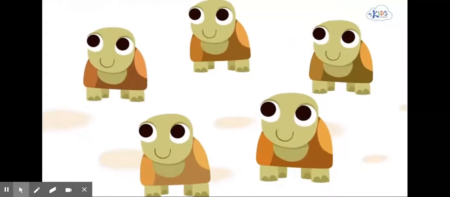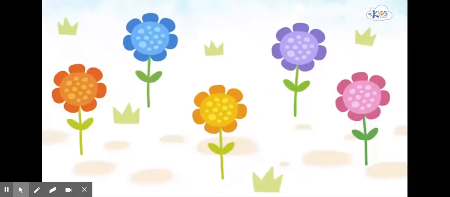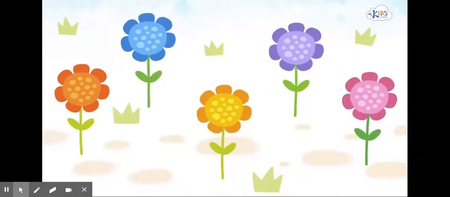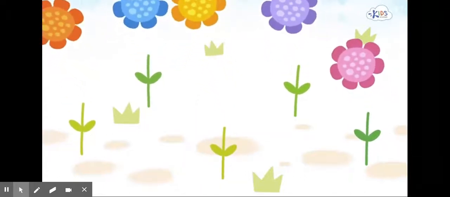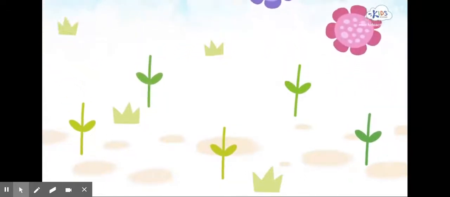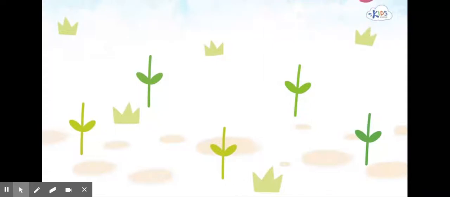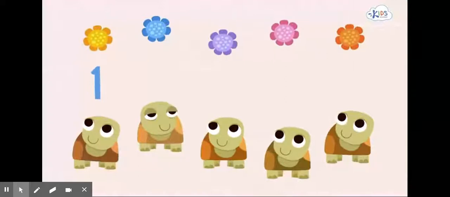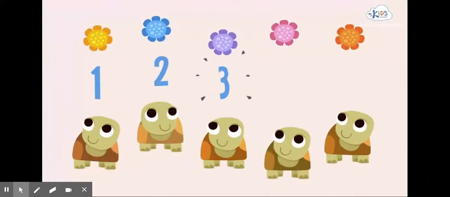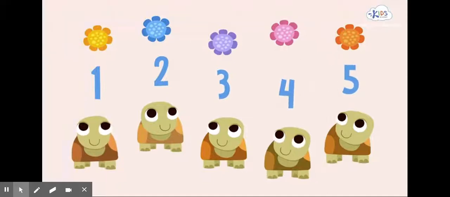Let's pick a flower for each of them. Turtles love to eat flowers. Hey, tell us, how many flowers do we need to treat the turtles? 5, because there are 5 turtles. 1, 2, 3, 4, 5.